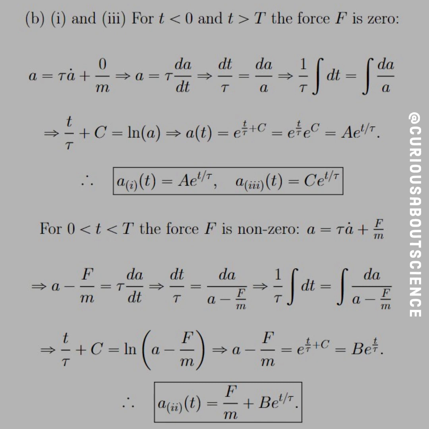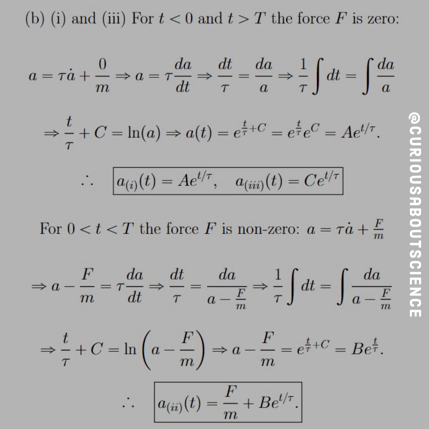Fair enough. What we see here is that we still have to modify the equation for the middle region, and when we do that, we again split up and simplify via separation of variables. All the A terms to one side, all the t terms to the other, integrate. We get the same idea here, except now instead of ln of A, we get ln of A minus F over m.